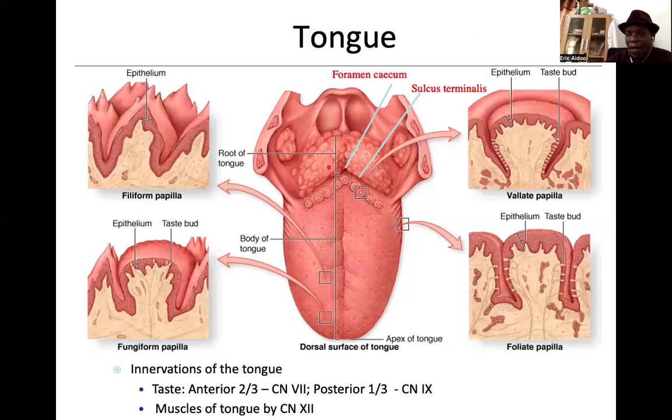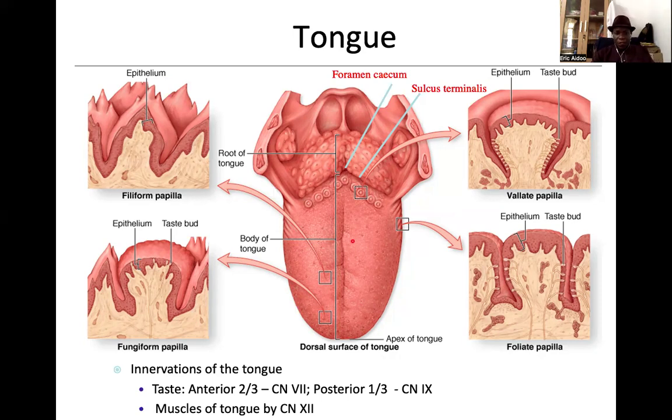Okay, we can't talk about the oral cavity without talking about the tongue, okay? A very important component of the digestive system and its accessory structure, which we sometimes ignore, but plays a very, very vital role. It tells you whether you are eating salty food or sweet or sour food.